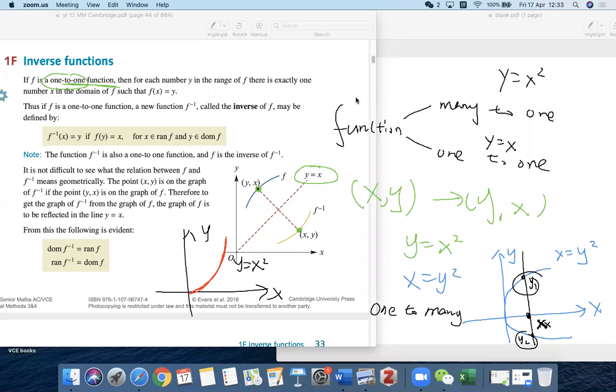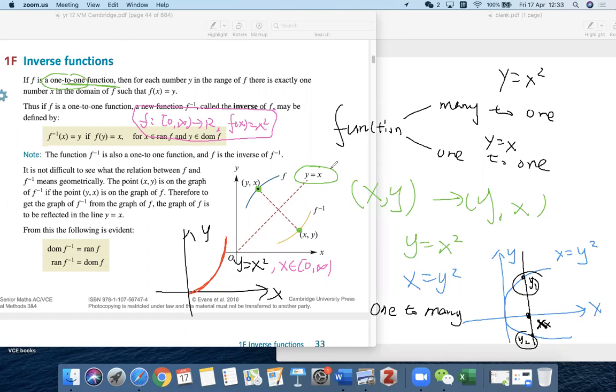If I only take this one, which means x is from 0 to infinity, or officially, f: [0, infinity) → R, f(x) equals x squared, in such a case it has an inverse because it's only part of the original function and it becomes one-to-one now.